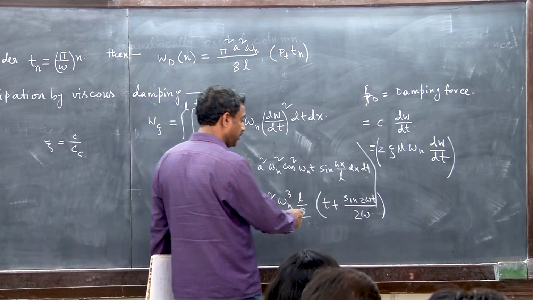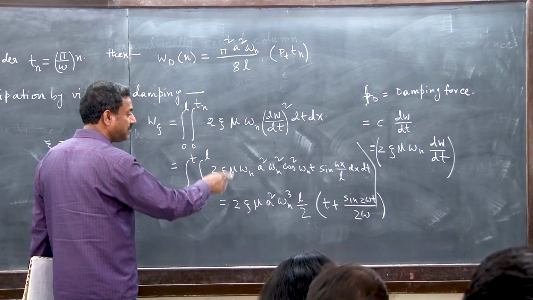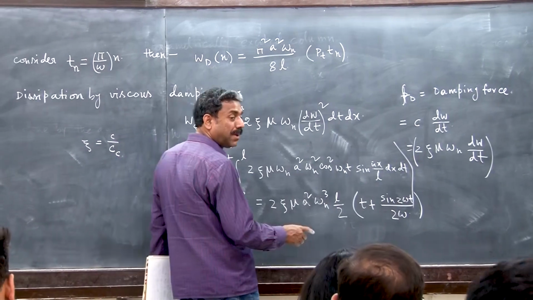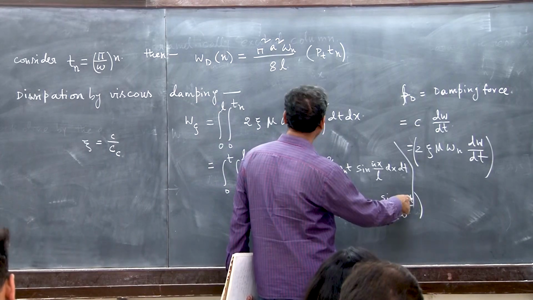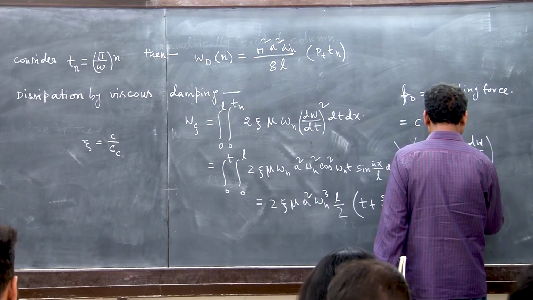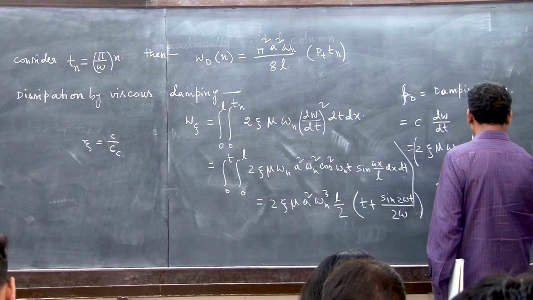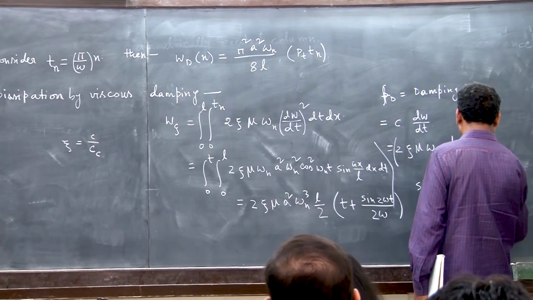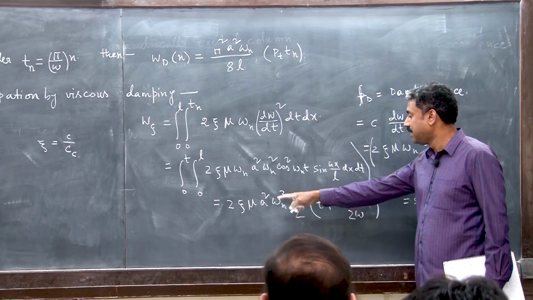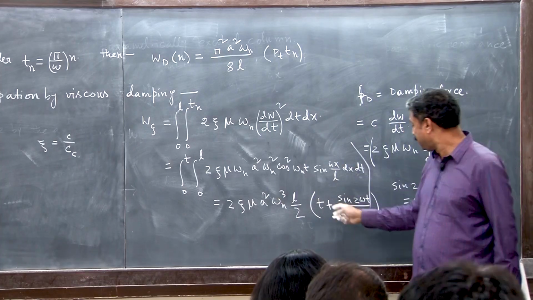And then you can substitute t equal to T_n. Then sine 2 omega t, with t equal to pi by omega into n, the omega cancels out, so sine 2 pi n will always be 0. So we get 2 xi mu omega into T_n. You can write it, right?